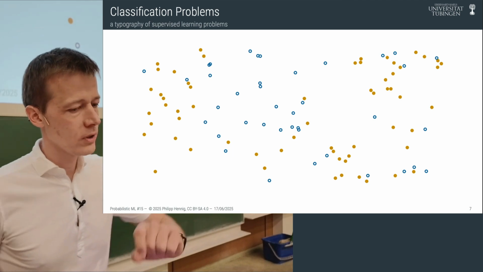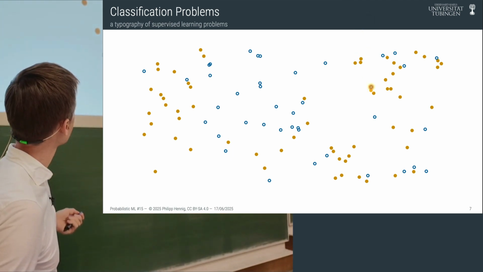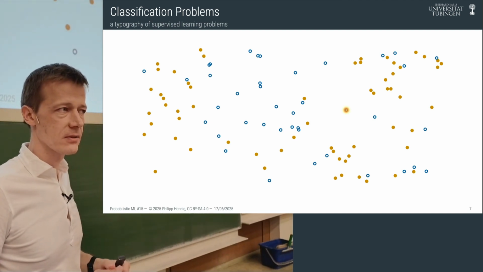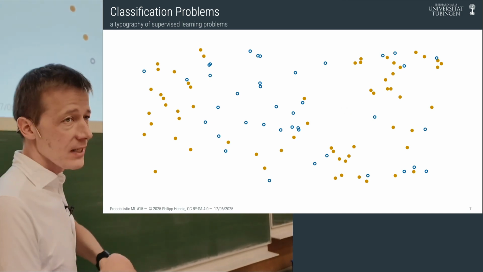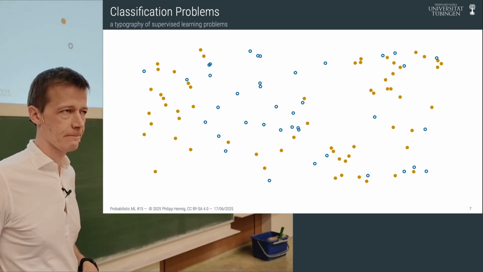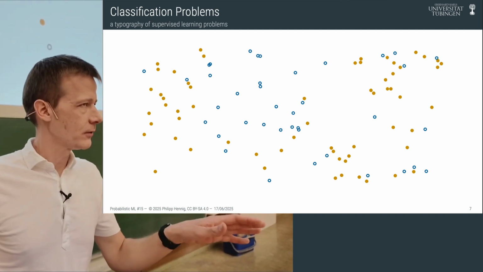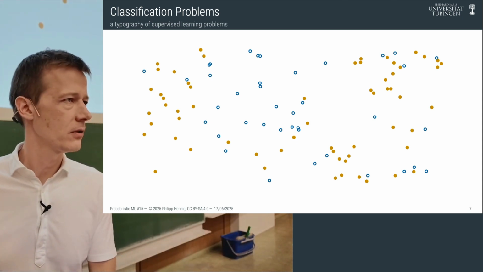We'd like to know, given an input x, so at this point in the space, what is the probability distribution over the labels, 1, 2, 3, and so on. Or the other way around, given a label, orange, what's the distribution over the inputs? So that's, of course, what I hope you've encountered in various other courses as well. In a deep learning class, maybe in a statistical machine learning class already.